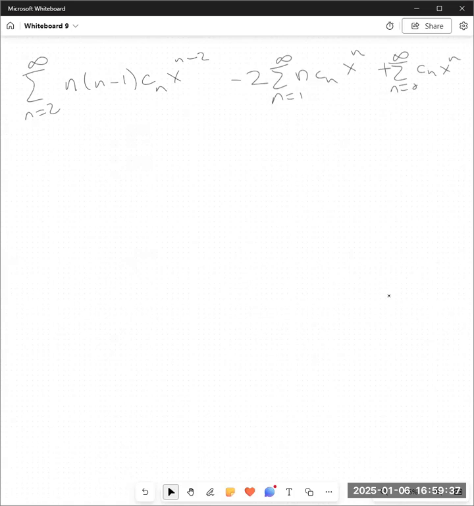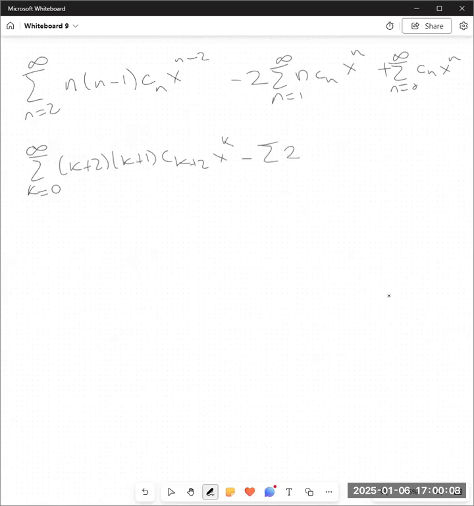Since this is I think my last one of this type, I'm just going to go ahead and do the shortcut I was telling you about. I'm going to add 2 on the inside, subtract 2 on the outside. This is going to go k equals 0 to infinity, and this is going to be (k plus 2)(k plus 1) c_(k plus 2) x to the k. And then I'm going to bring the 2 on the inside here.